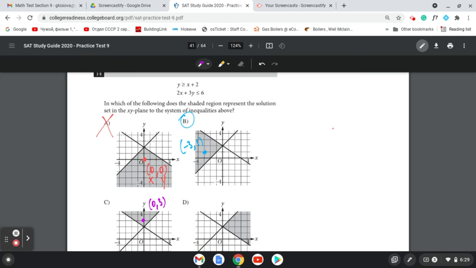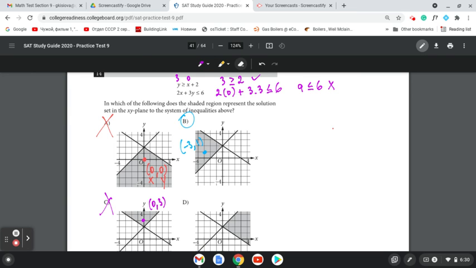When x is 0, y is 3. So I get 3 is greater than or equal to 2. That stands. And then I have 2 times 0 plus 3 times 3 is less than or equal to 6, which comes down to 9 is less than or equal to 6, and it's not a true statement. So C satisfies the first inequality but doesn't satisfy the second.